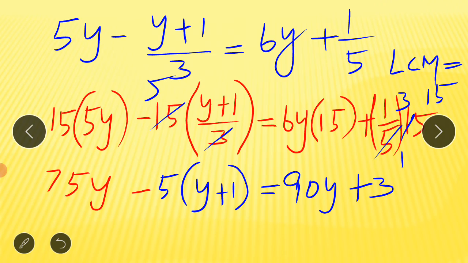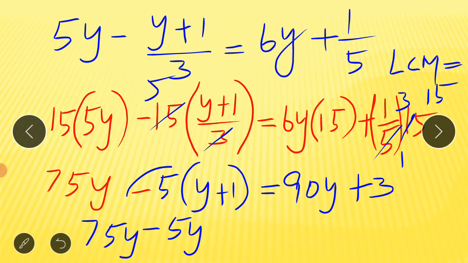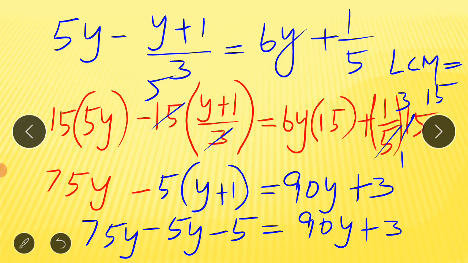Now again we need to open this bracket. So 75y, no changes, minus into plus, minus 5 into y, minus 5y, then minus 5 into 1, minus 5, equal to 90y plus 3. Okay, now we came to this step. So what do we do at this step?